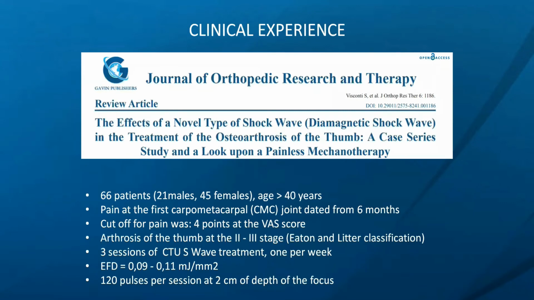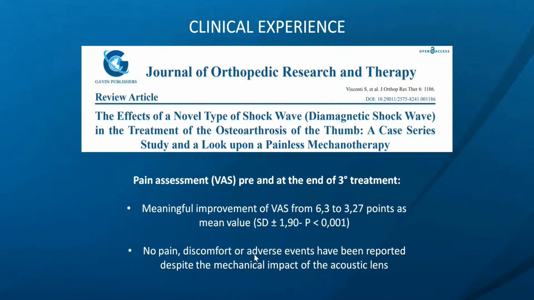We have this clinical study that demonstrates the effectiveness of the technology in the treatment of arthrosis of the thumb, and we treat with an energy level of 0.09 to 0.11 millijoule per millimeter square of the focus.